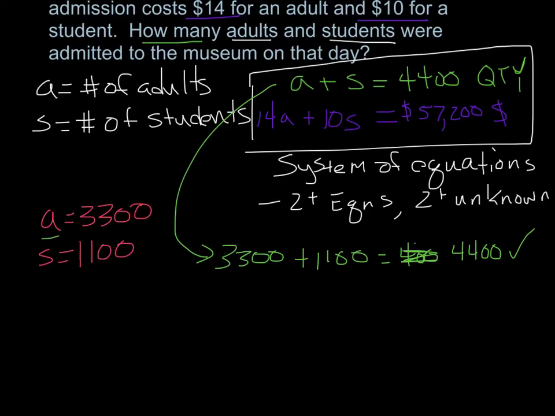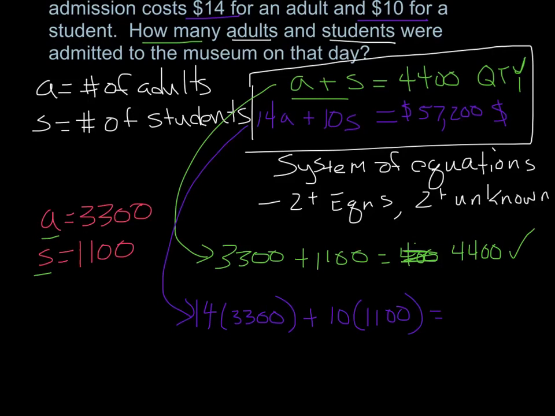This particular A and this particular S satisfy the first equation. But if this is really the solution, the same A and the same S will work for the other equation too. So let's check. We've got $14 for 3,300 adults plus $10 for 1,100 students.